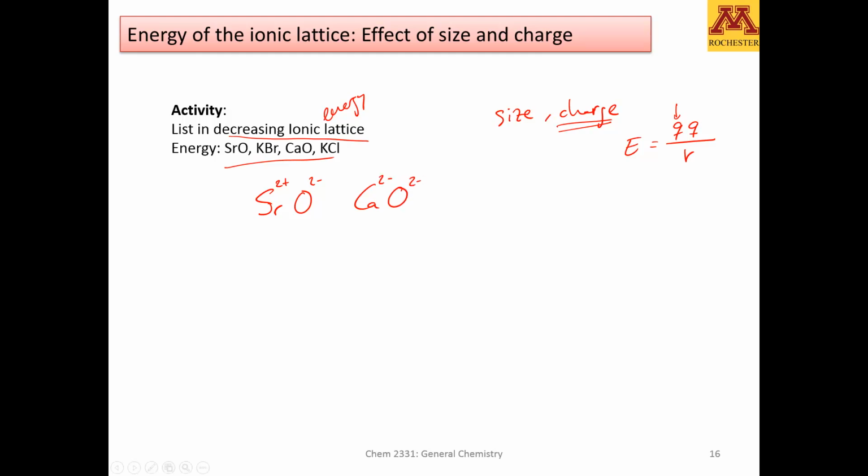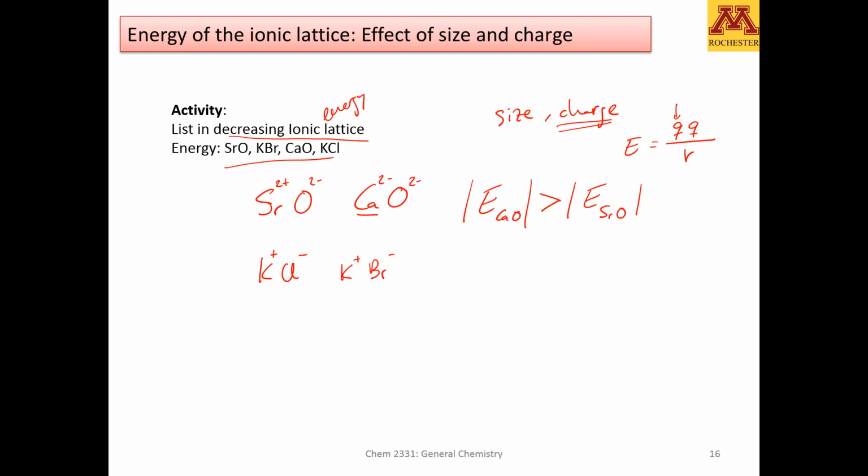So the charges are the same. Which one is smaller? If you go to the periodic table, you will see that calcium is above strontium. This means that the lattice energy of calcium oxide, and I'm going to put it in absolute terms because it's negative, is larger than the lattice energy of strontium oxide. Among the other compounds, potassium chloride is a positive and a negative, and potassium bromide is a positive and a negative.